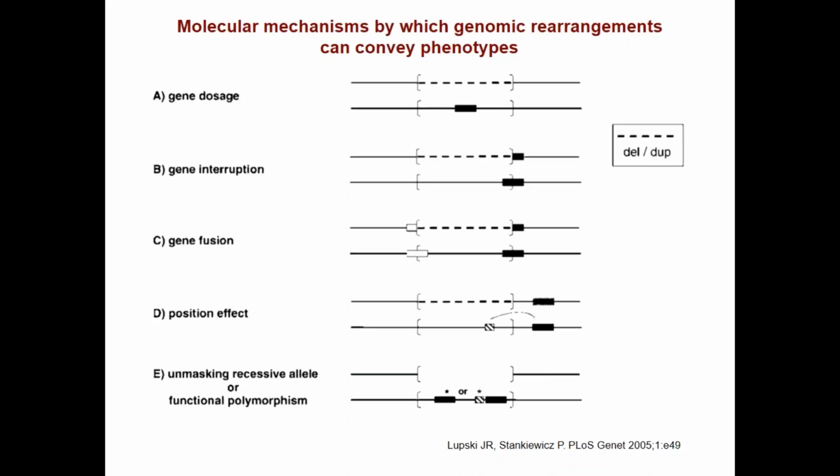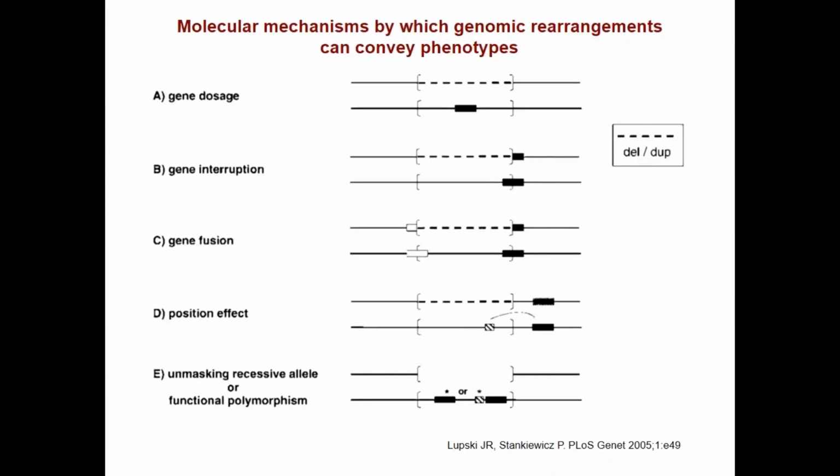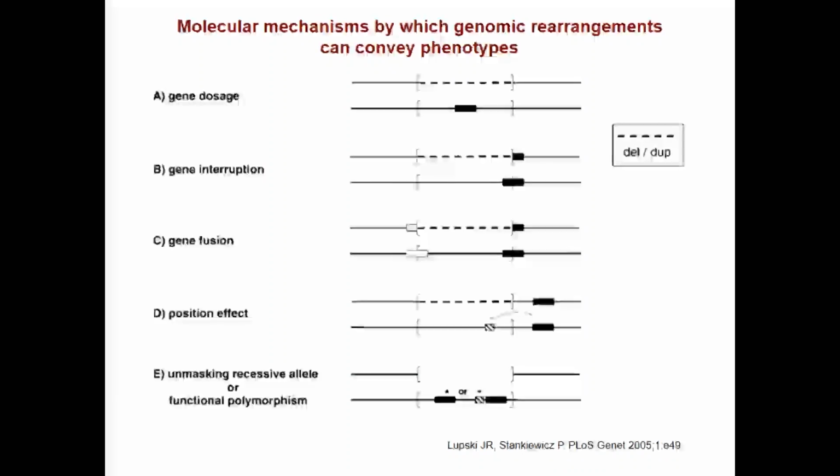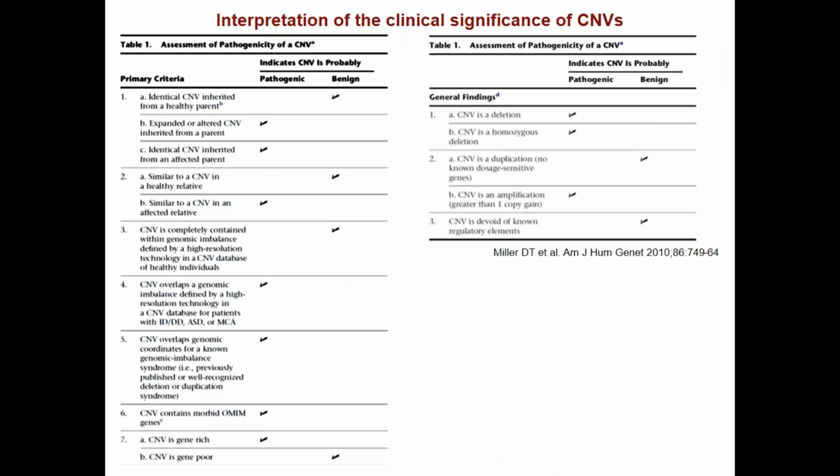Position effect. How about if the CNV doesn't really span the gene, but it spans the regulatory elements that control that gene? Let's say this is a deletion, and it spans the enhancer elements that control this gene. Deleting the enhancer elements will down-regulate the gene as if you had deleted the gene.